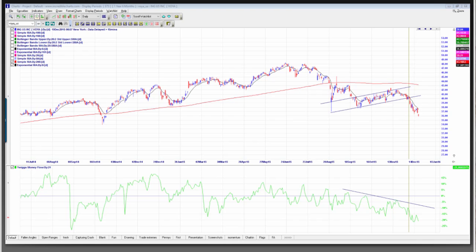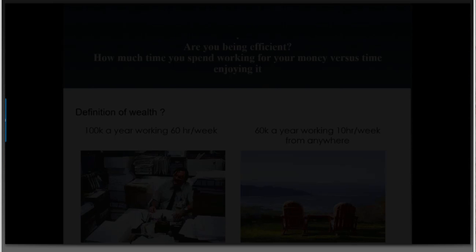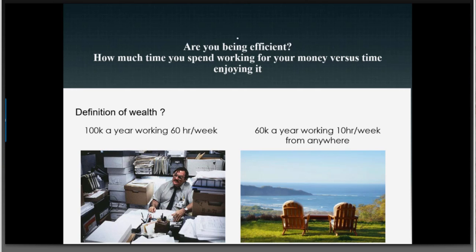And we'll come back to the charts here in a second, but I come across so many traders that sit in front of the screen all day long waiting for something to happen. They just work for the sake of it. I don't get it.